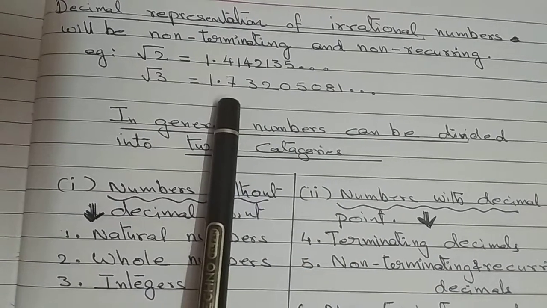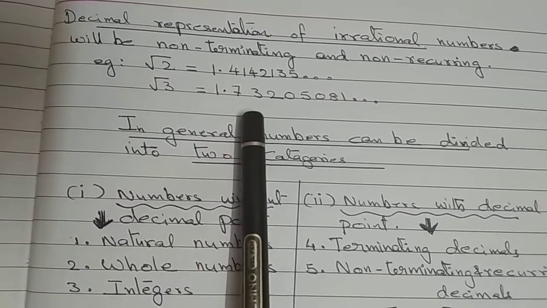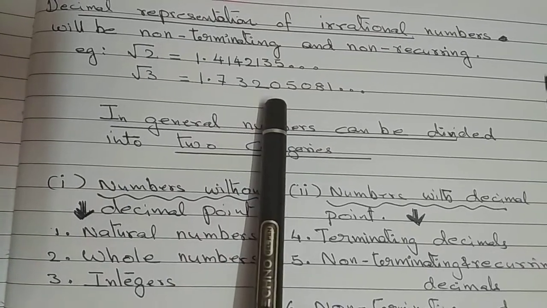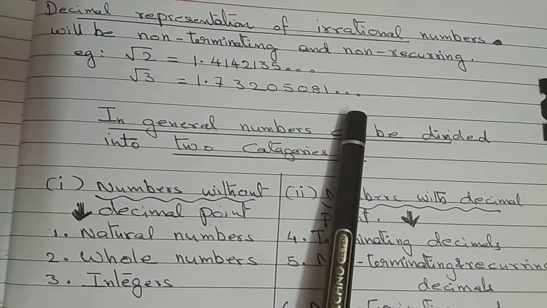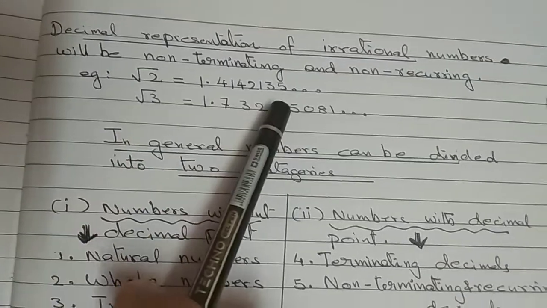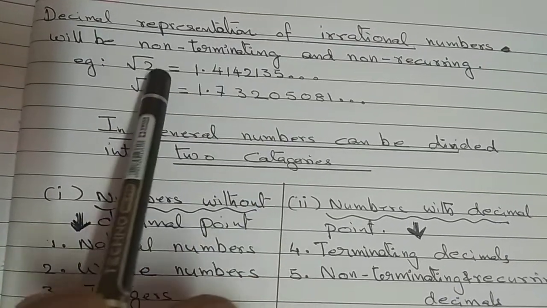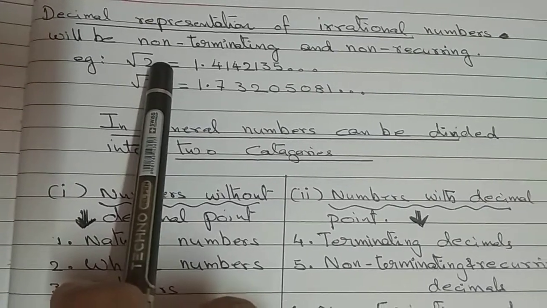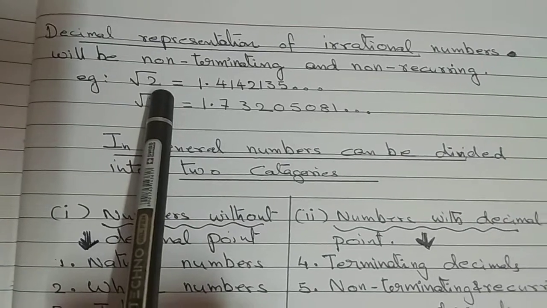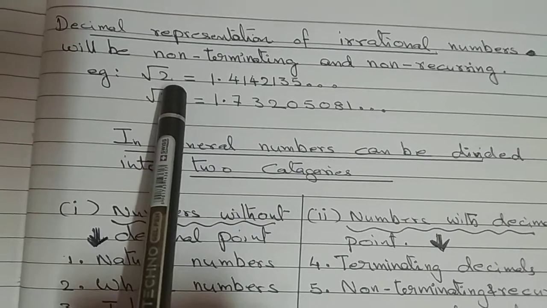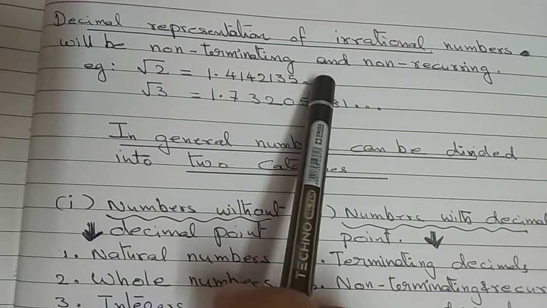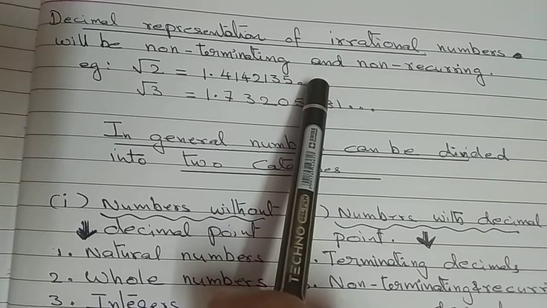There is no such thing happening here. So this is also a non-terminating and non-recurring decimal. So the decimal representation of an irrational number will be non-terminating and non-recurring. And we have already seen that the decimal representation of a rational number is either terminating or non-terminating but recurring.